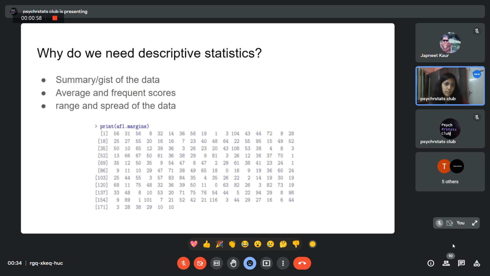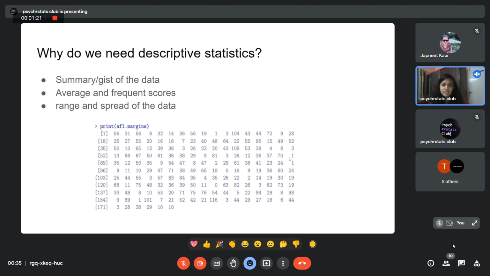So first, why do we even need descriptive statistics? When you deal with data, suppose you're looking at data in R, here they have looked at data on the margins of, I think, a football team. If you just look at this data, you are just looking at numbers.